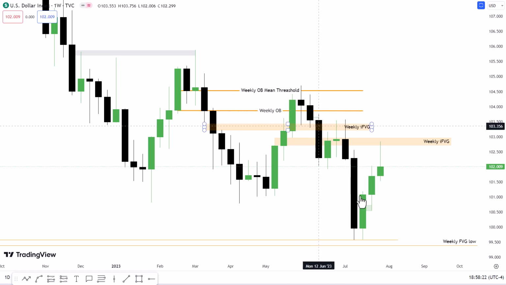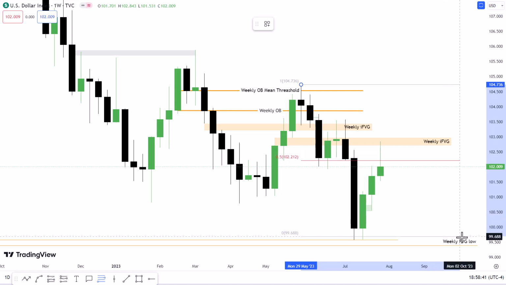We are looking at this price, the most current price swing. If I use my Fibonacci tool from the top to the bottom, we already see that price is in premium.